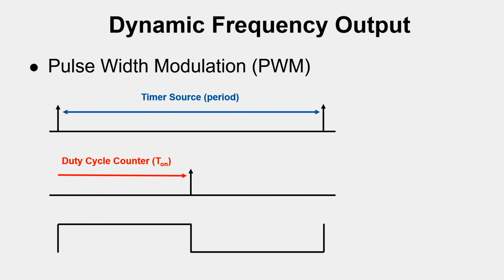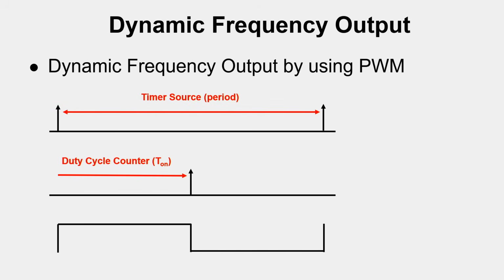And then usually how you use the PWM is your period stays the same, and you adjust the on time to change your PWM duty cycle. So what if I'm going to do something like what I showed in the demo, where you actually want the duty cycle to stay the same, but you want to change the timer period?